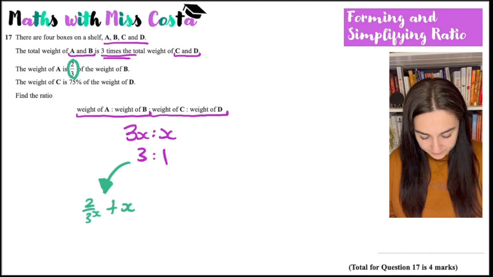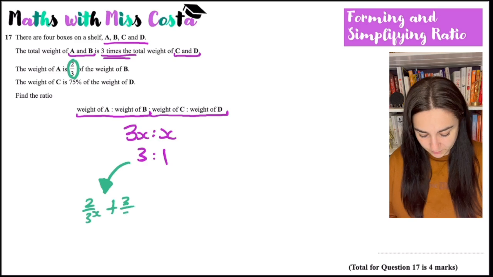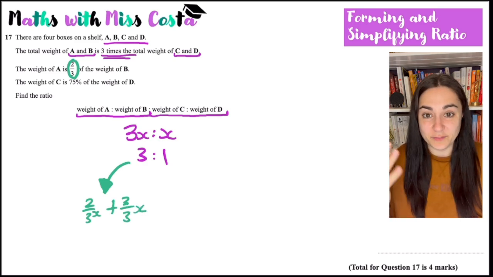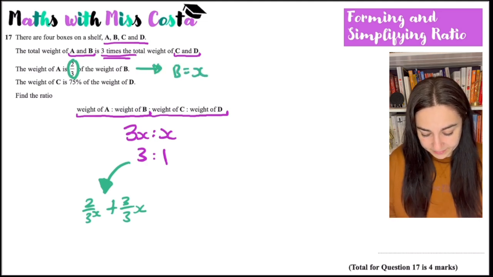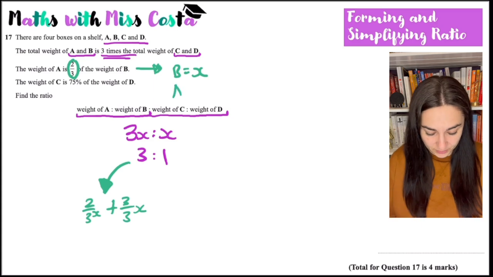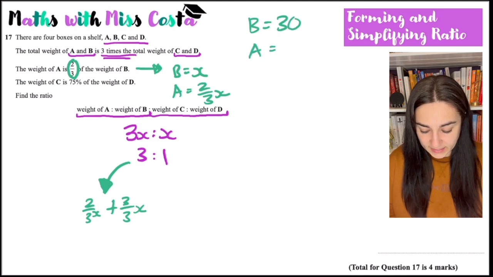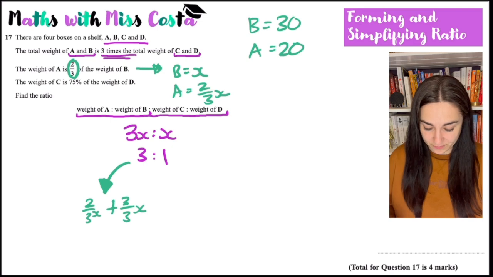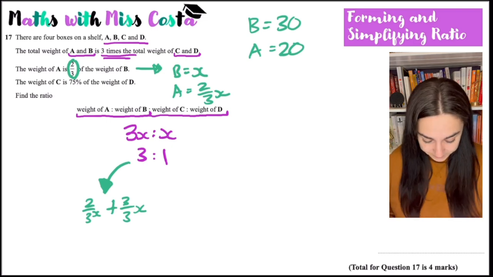So 2/3 of X plus X, which I could actually write as 3/3, just so that you maybe see what's going on, because X is a whole value. Whatever B is, the value that I'm relating to, A is going to be 2/3 of it. So if B was 30, A would be 20. But I'm just calling it X because I don't know the value. You can substitute values if you want to, as long as you keep it constant.